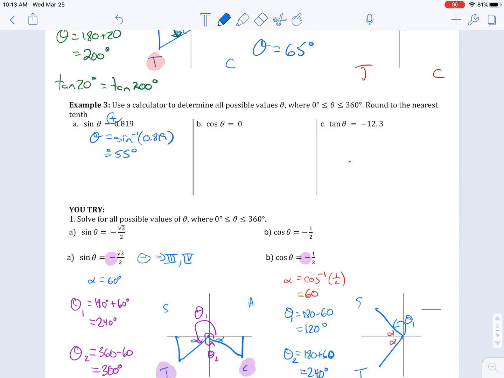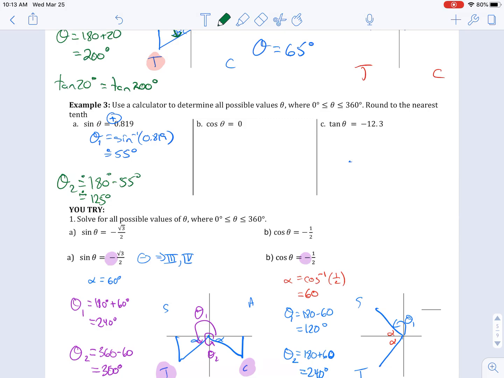Then you have to say, okay, well, this is positive for sine, right? Where else am I going to have an angle? So that's in quadrant 2. So in quadrant 2, I take 180 minus the other angle. So it's approximately 125.